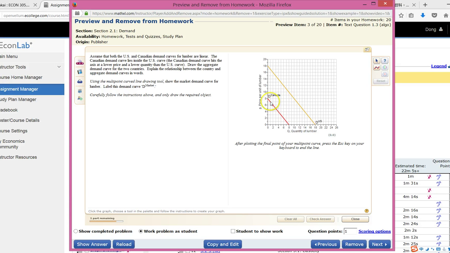So now let me draw this market demand curve. And below 8, actually that's probably easier to see. Can see that we start from, because both demand curves are straight lines, their sum also needs to be a straight line.